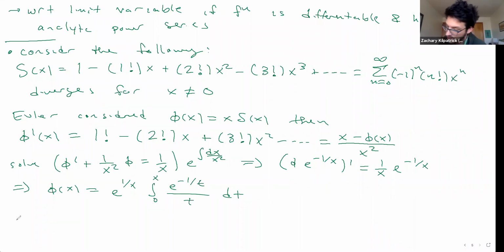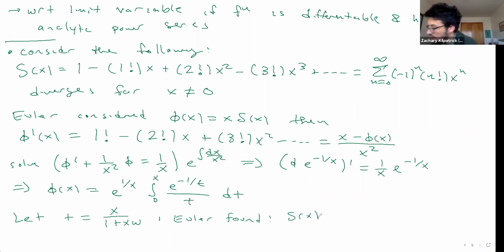Let's take it a bit further. If I perform a change of variables, what Euler found was that s of x is equal to phi of x over x.